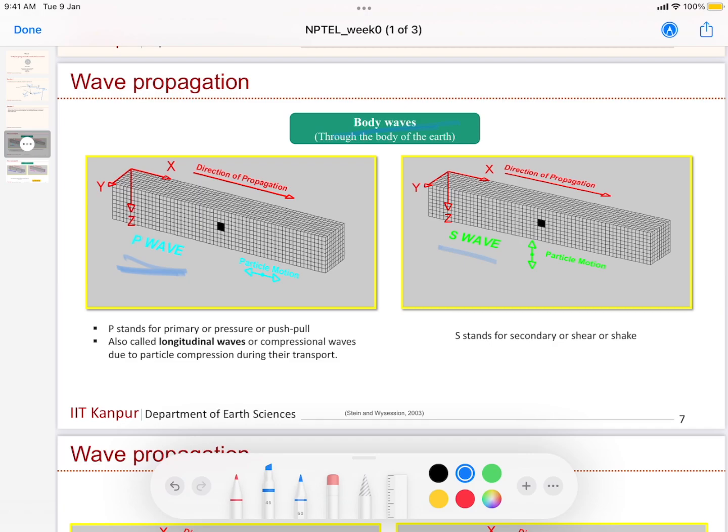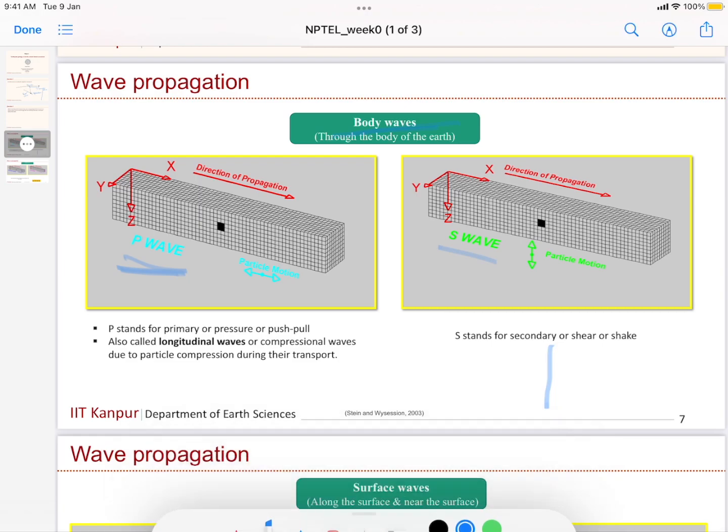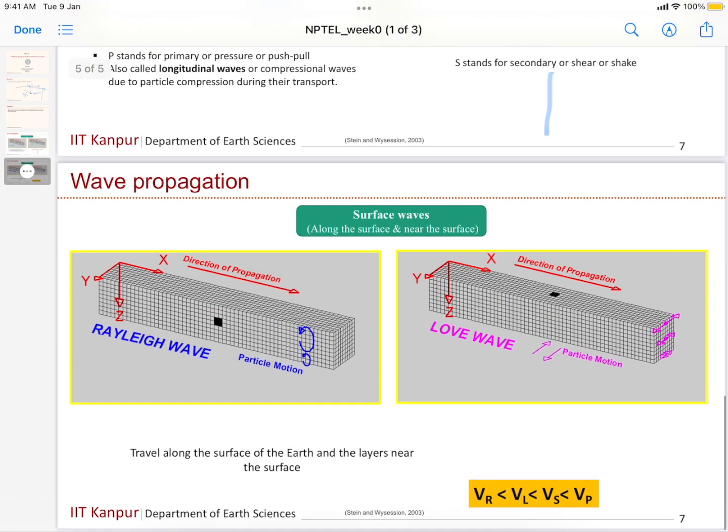On the contrary, in the S wave, the S comes from shear or shake waves, or secondary. The particle movement for this kind of wave is perpendicular to the direction of the wave. So these are the body waves. Now let's move to the second category, the surface waves.